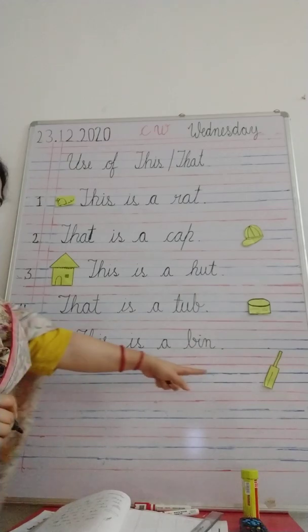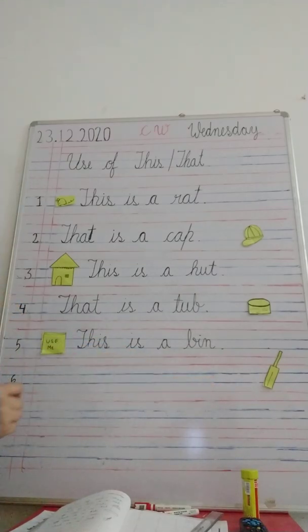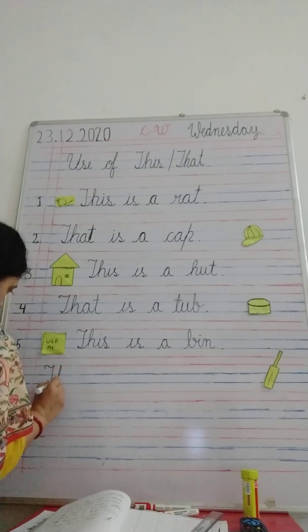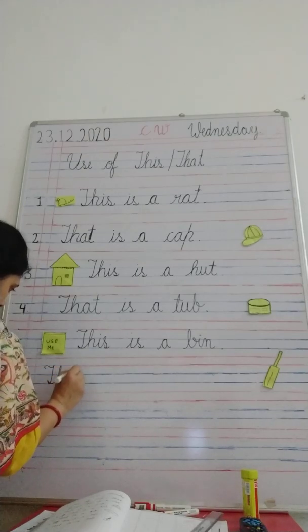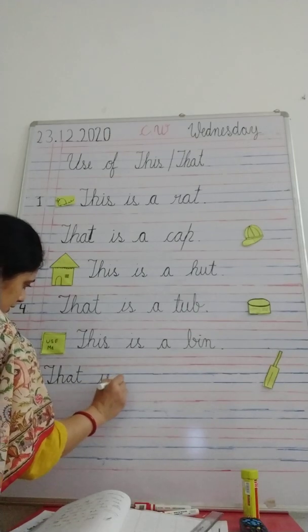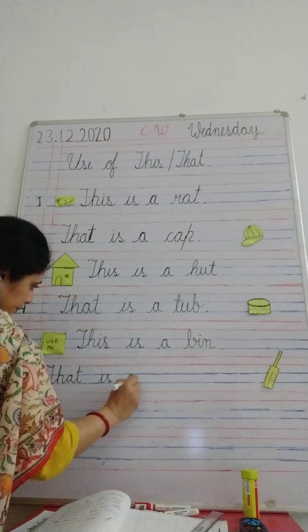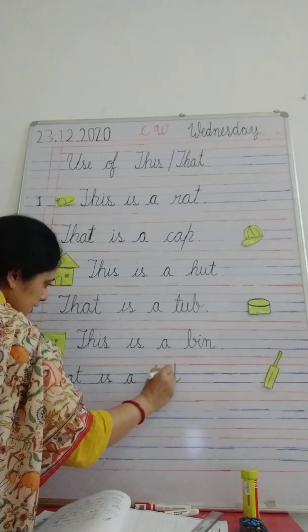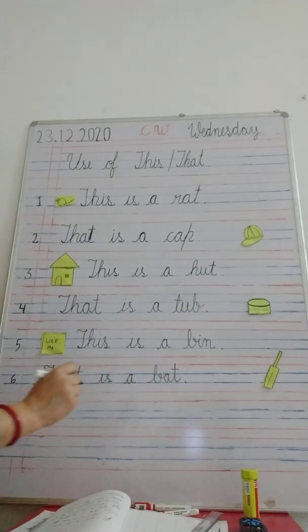Now what is that? That is a bat. So write that is a bat. That is a bat. Okay.